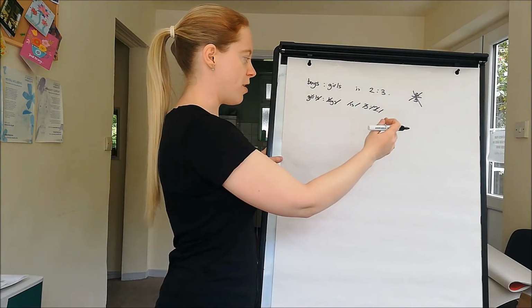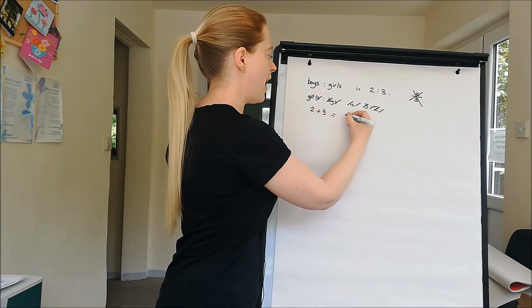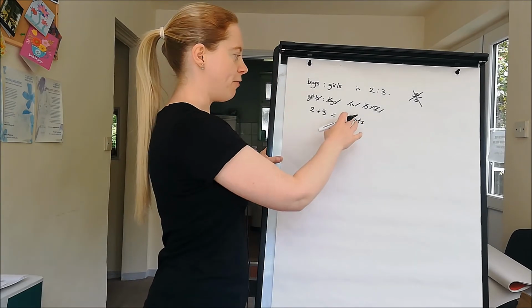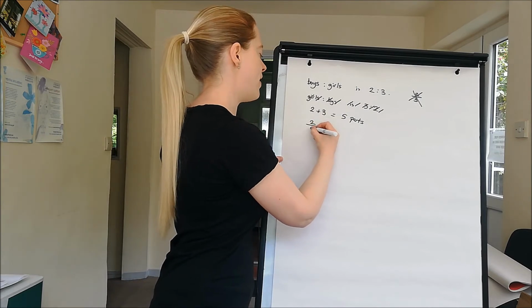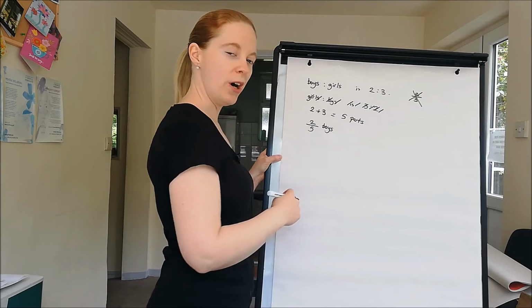So altogether, in a ratio of 2 to 3, we've got 5 parts. And if there's 5 parts in the group and 2 of them are boys, then that means that 2/5 of the group are boys.